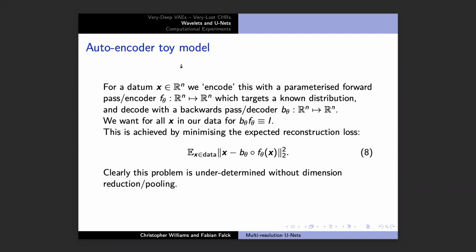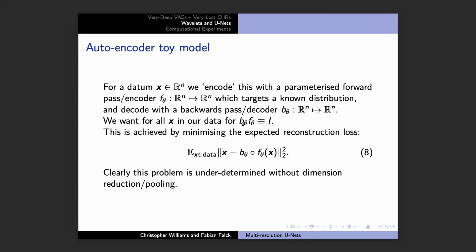So here's a very toy-ish example. If you have F and B, both maps from Rn to Rn, and I assume that they're inverses of each other, a reconstruction error would just be finding theta so that this gives me the identity on my data, as I wanted.